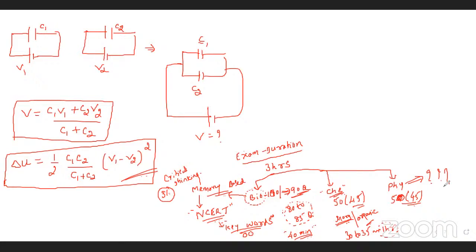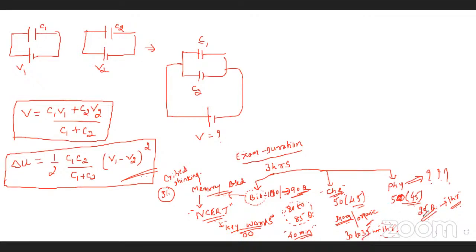If you solve a maximum of 25 questions in physics, you can use 1 hour. I'm talking about a tough paper. In 1 hour, you can easily go with 25 questions.